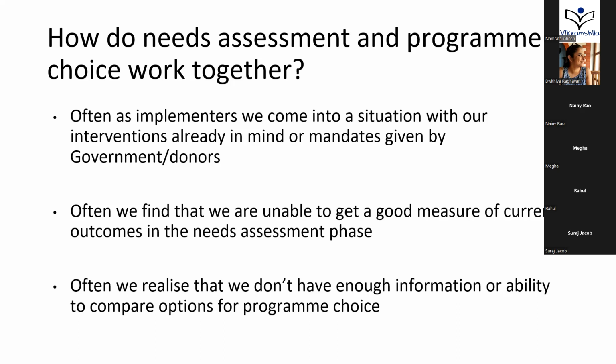The second problem is a situation where we're not able to get a good measure of the current state of the outcomes in the needs assessment phase. This could be a time thing, it could be a resource thing, or it could just be that the problem is complex and there is not an easy answer to what the current level of outcomes is in this particular region or locale where I want to deliver, especially for things that are very nuanced.